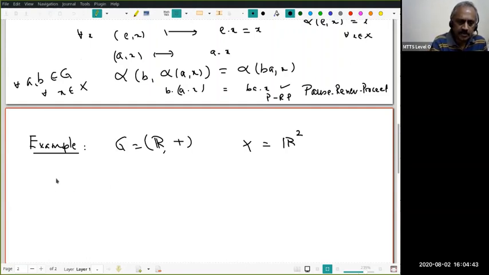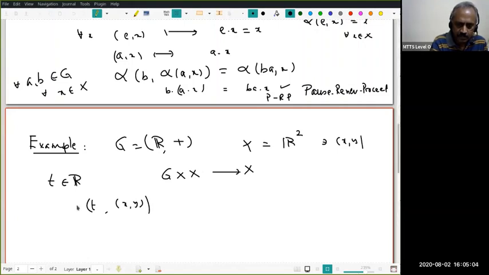Elements of G I will denote by T. T is a real number. Elements of X I will denote as usual by an ordered pair X, Y. So I want to give an action, that is G cross X to X. That means let us start with an element T and X comma Y.